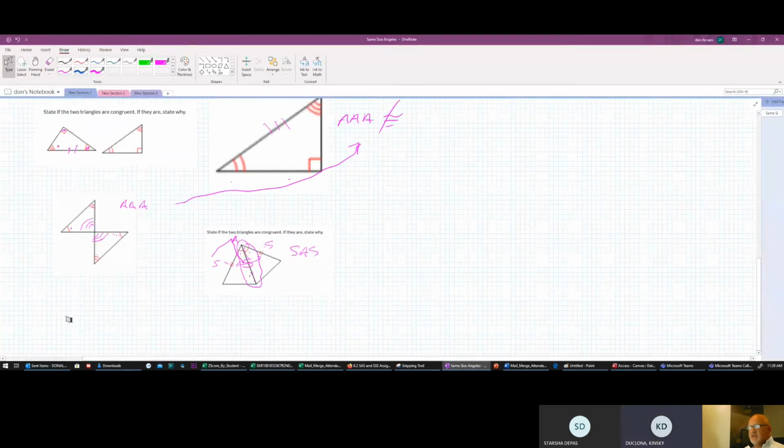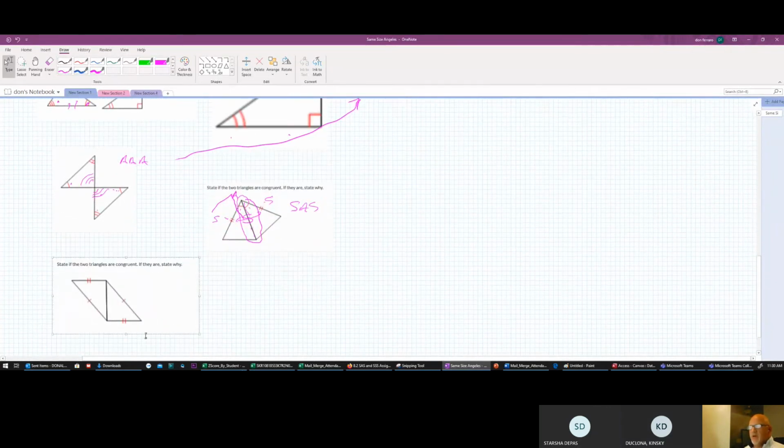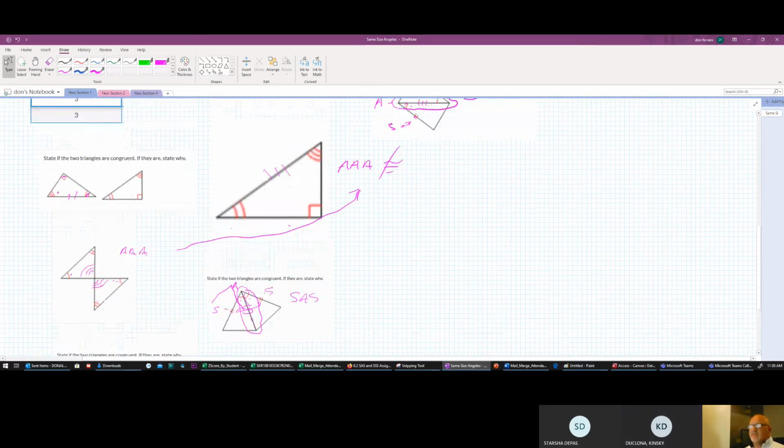Which sides? The one that they share. Okay, definitely the one that they share. So this line right here is definitely one that they share. So that's a side, correct? And I'll just mark that over here. That's a side. Now, are there any other congruent sides?